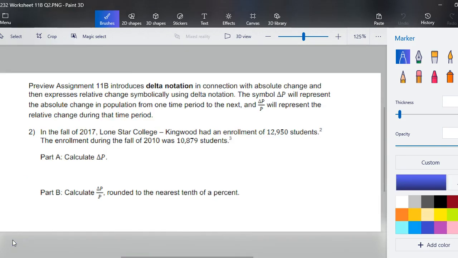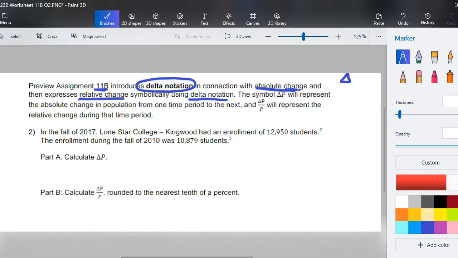So still looking at absolute change and relative change, our preview 11B is going to have new notation, delta notation. It means it has a Greek delta, meaning change in. We're going to connect this to the absolute change and express the relative change symbolically using delta notation.